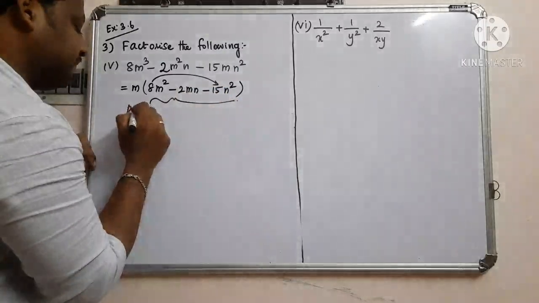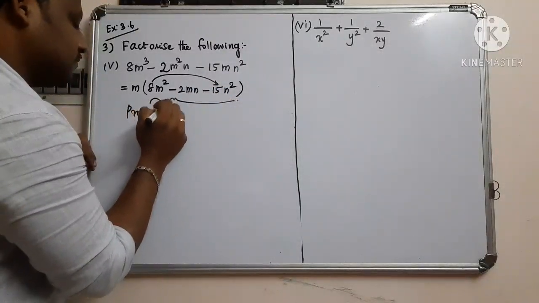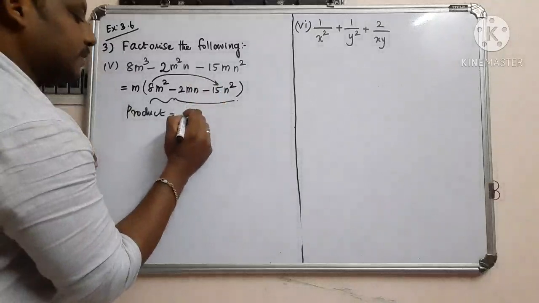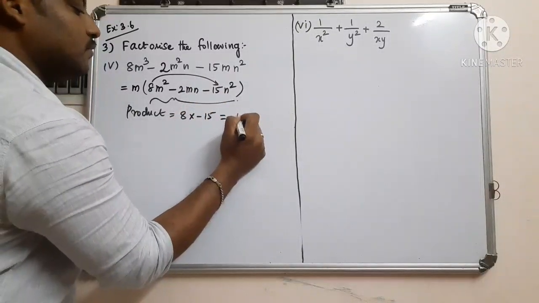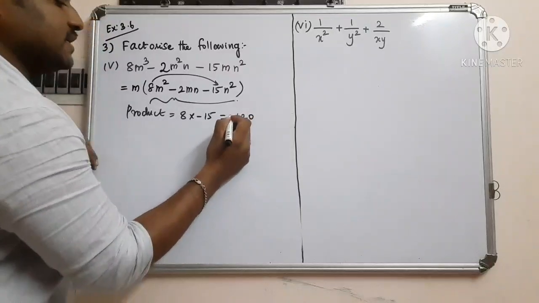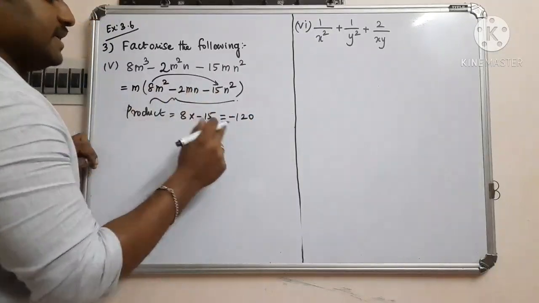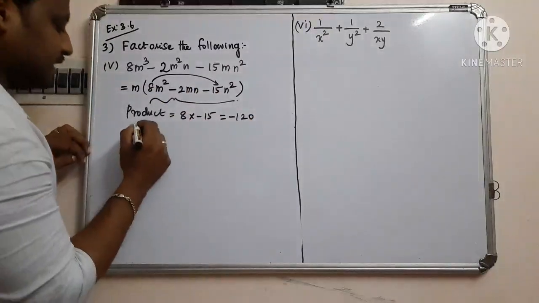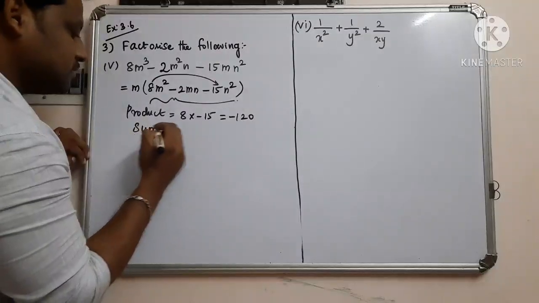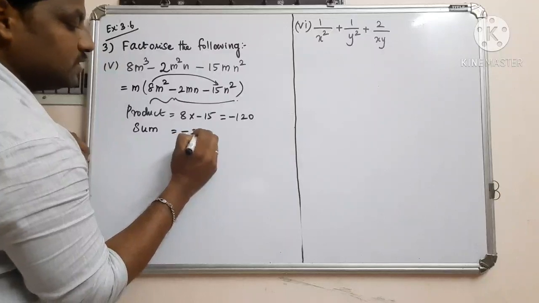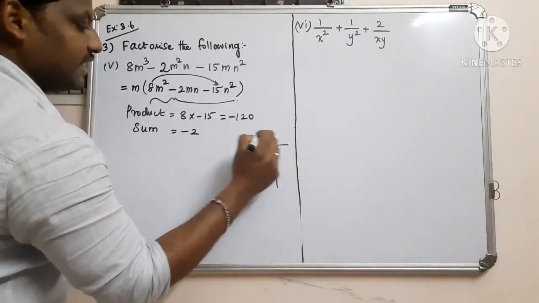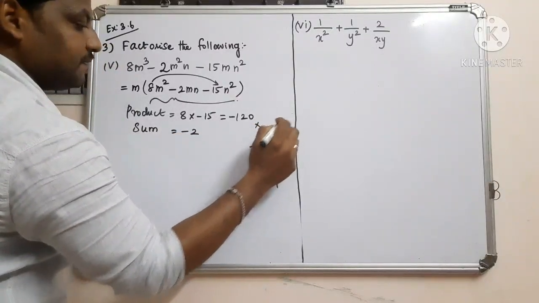What is the product? 8 into minus 15, 8 15s are 120, minus into plus is minus, so minus 120. And the sum is the coefficient of mn, that is minus 2. Now we have to find the factors.